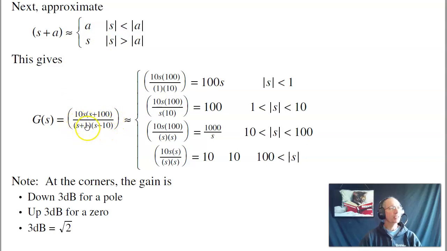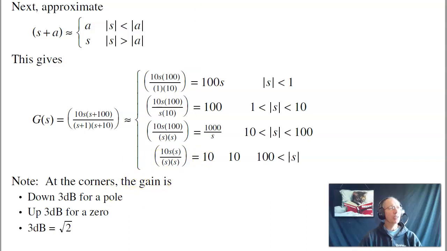When s is less than 1, s plus 100 is roughly 100, s plus 1 is roughly 1, s plus 10 is roughly 10, and I wind up with just 100s, a straight line on a Bode plot. When s is between 1 and 10, s plus 1 is s, this is 10, that's 100. I get a straight line. Between 10 and 100, I get a straight line. Bigger than 100, I get a straight line.